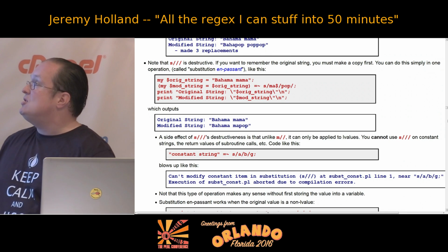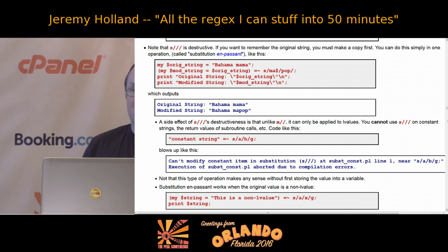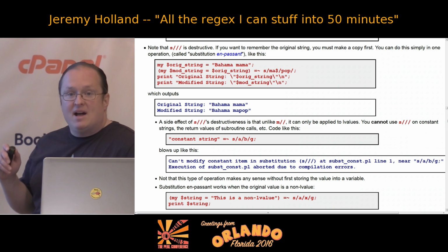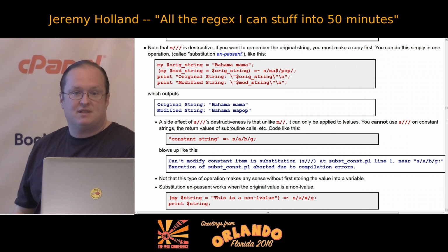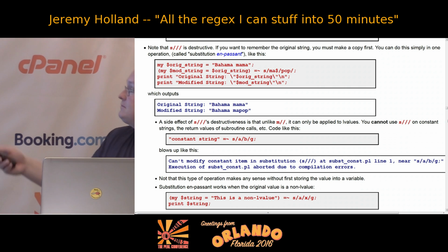A very important thing to note about S is that it is destructive. It modifies the string that you call it on. As of Perl 5.14, I believe, they introduced non-destructive substitution, which returns the value after substitution, using the R modifier, I believe.